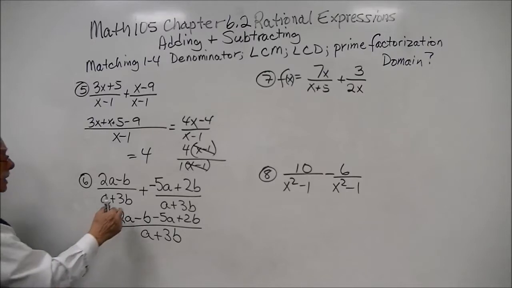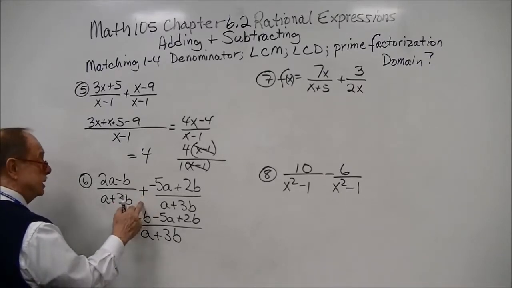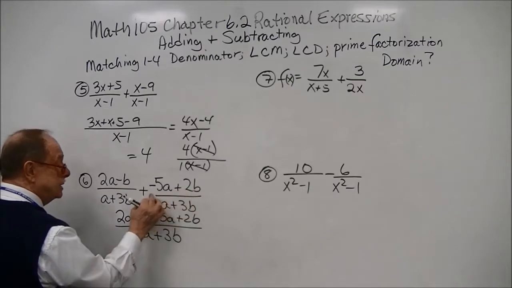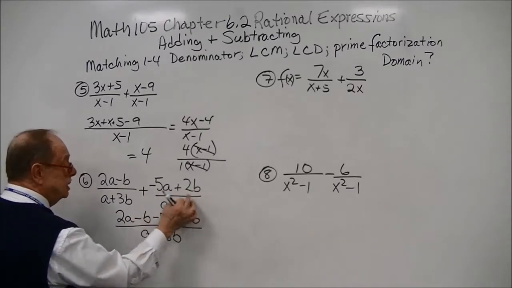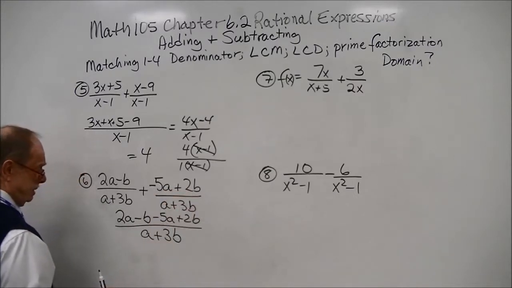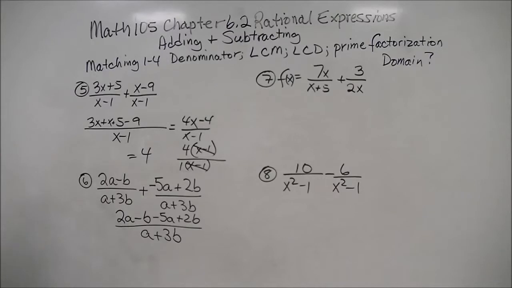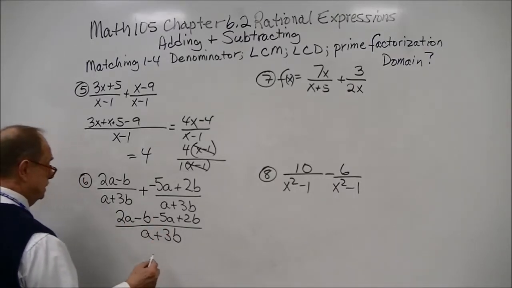So I've converted a subtraction to an addition by changing the signs. Remember, this is a grouping symbol, so you have to change both signs. And now we combine like terms.